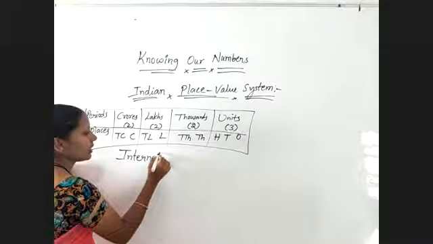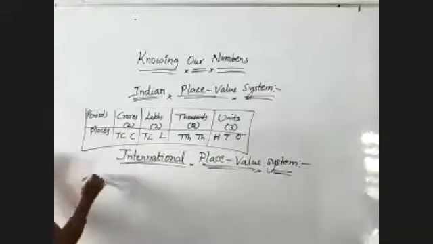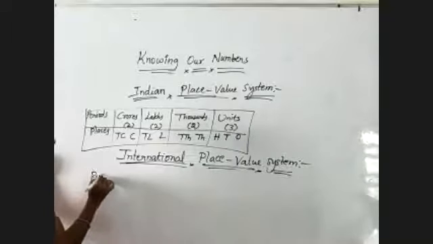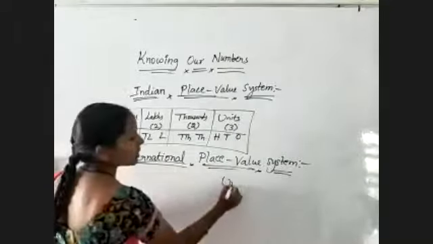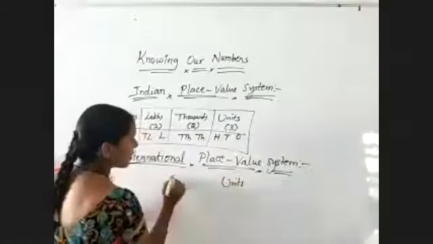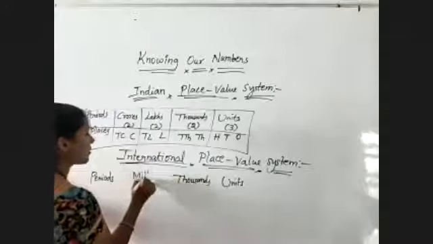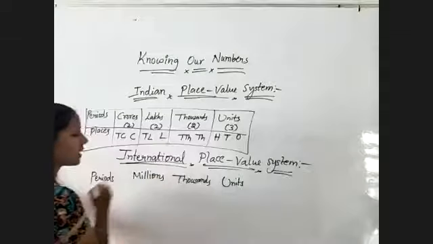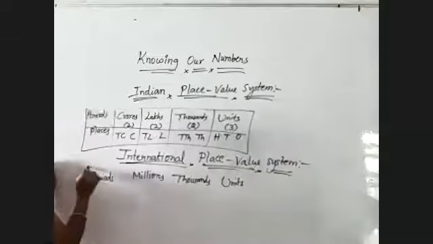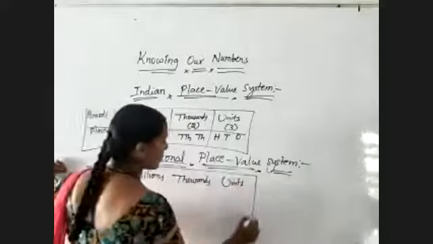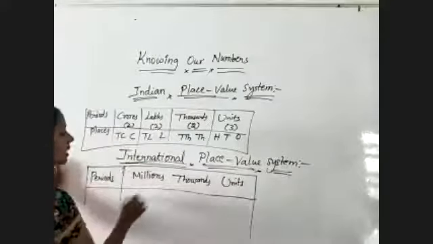Here the main periods are units, thousands, and millions. After the millions, we get billions. So just observe, the main periods are units, thousands, millions, billions, like that.